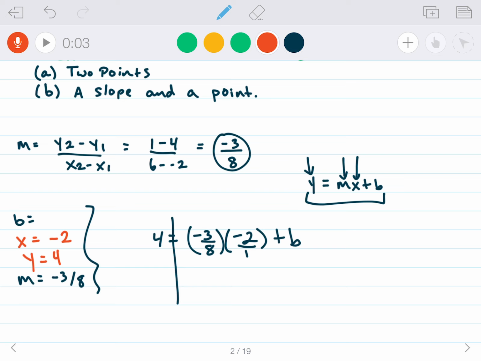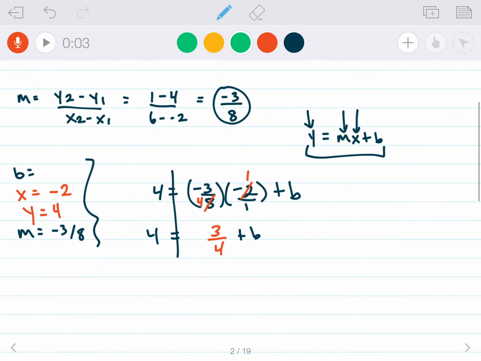We can cross simplify, so 2 goes into itself once, 2 goes into 8 4 times. Multiplying straight across, -3 times -1 over 4 times 1 is going to give us 3 over 4. Okay, so that's going to simplify to that. And now all we have to do is subtract 3 over 4 from both sides to figure out what b is.